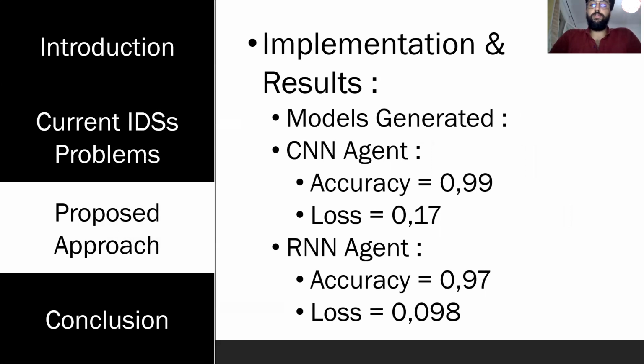These are the results of our first experiment. The model generated by the convolutional neural network agent had a 0.99 accuracy with a 0.17 loss, and a 0.97 accuracy for the RNN agent with a 0.098 loss.